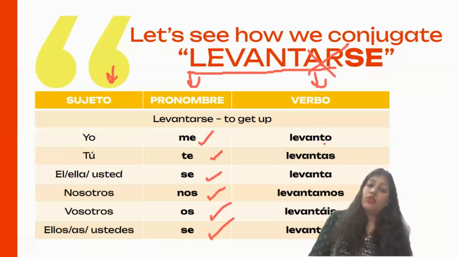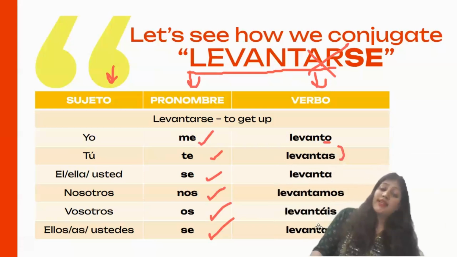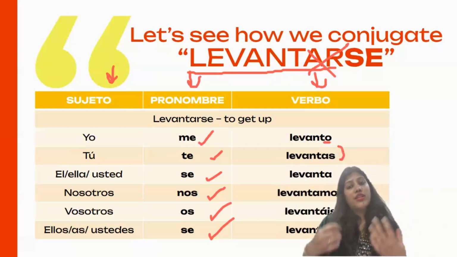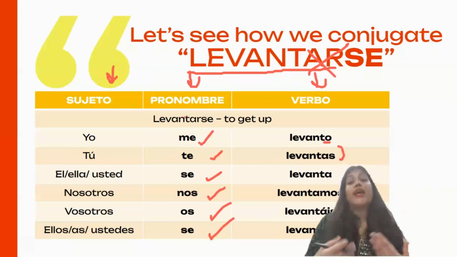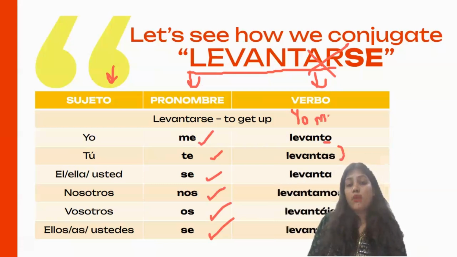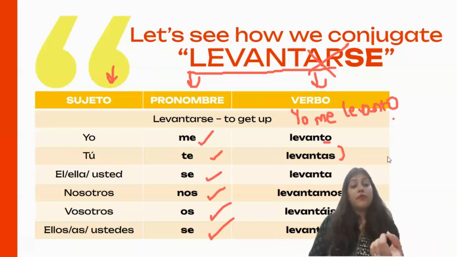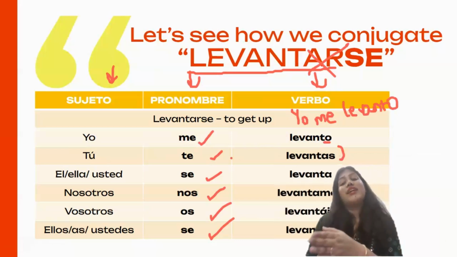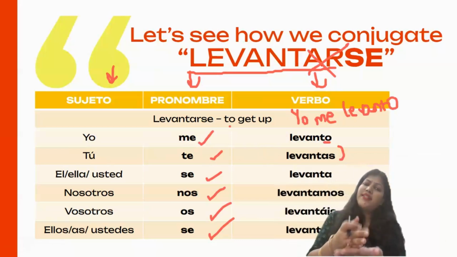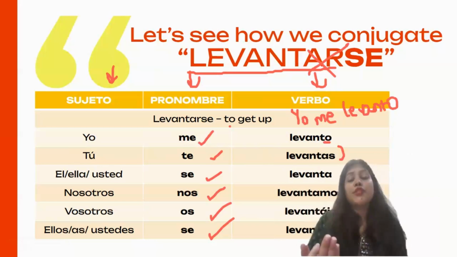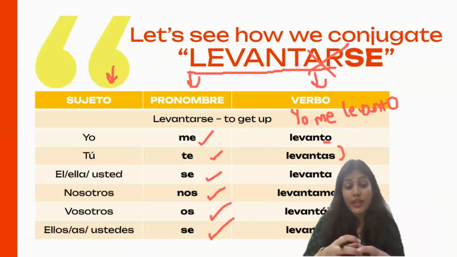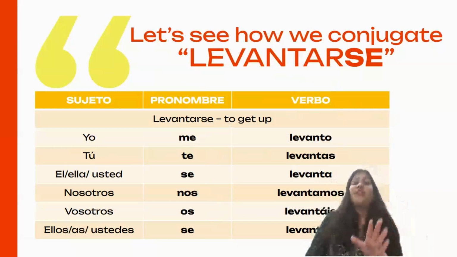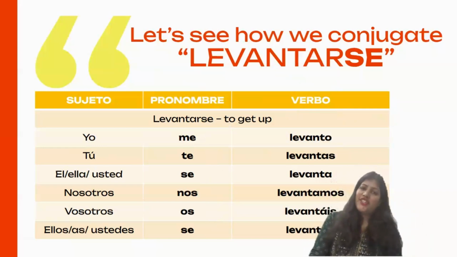Removed AR, levanto, levantas, levanta, levantamos, levantáis, and levantan. So in a sentence, when I want to say that I get up, I will write yo me levanto. You get up, tú te levantas. So I am showing step by step so that you understand how you actually break down and conjugate a reflexive verb in Spanish.